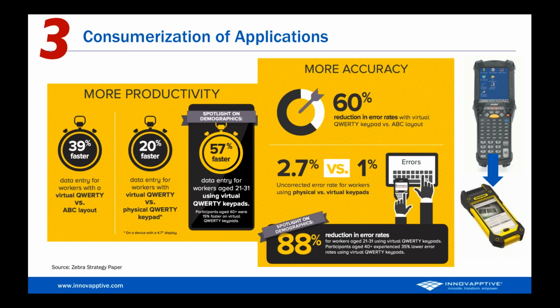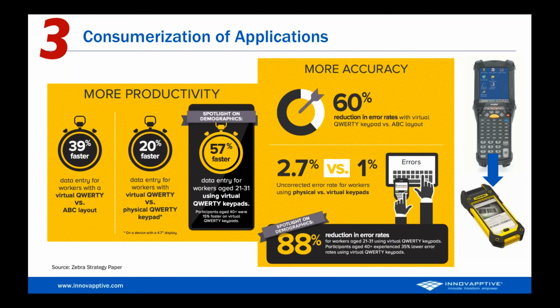So this is some stats that came from a Zebra strategy paper. On the left hand side, you'll see that data entry for workers with a virtual QWERTY keyboard versus an ABC keyboard is 39% faster, so there's that productivity element, and then there's the accuracy element over on the right hand side, where you get 60% more accuracy with a virtual QWERTY keyboard versus the old ABC layout.